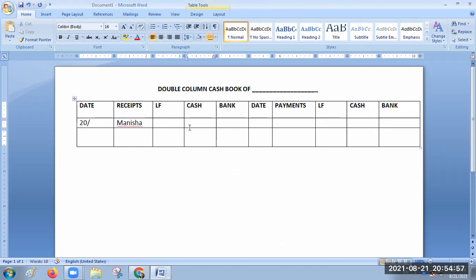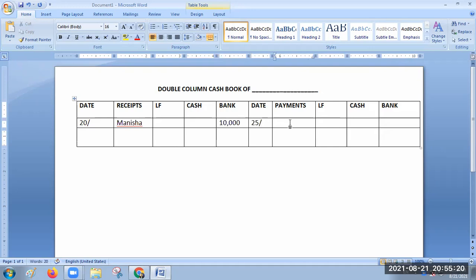See, the same date it is deposited in the bank, no? Yes, sir. It was deposited in the bank on the same day. What is the amount? 10,000. On which date was it dishonored? On 25th you received information that the check is dishonored.